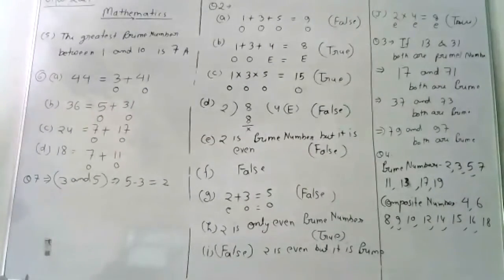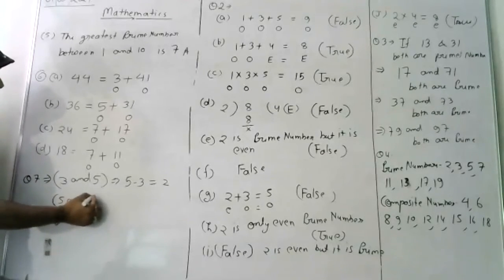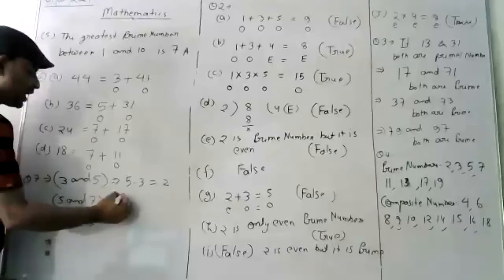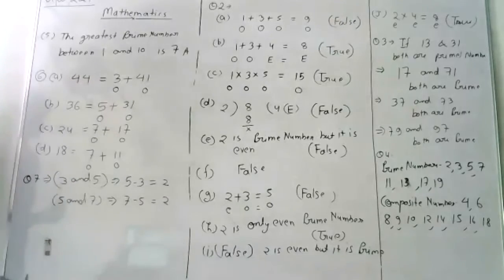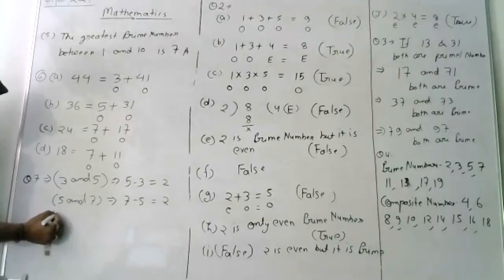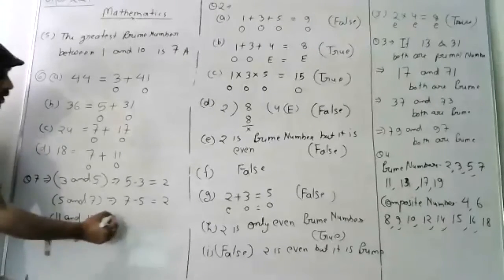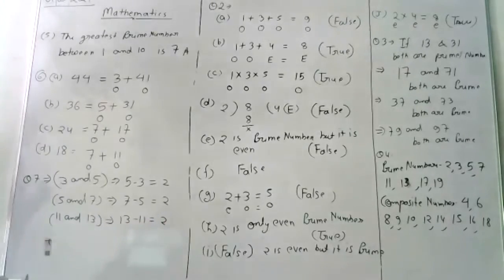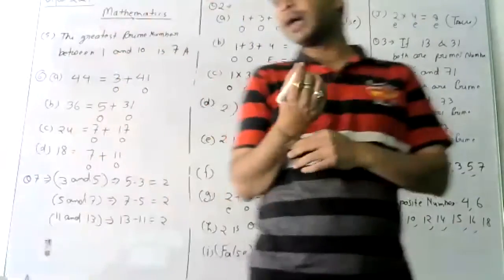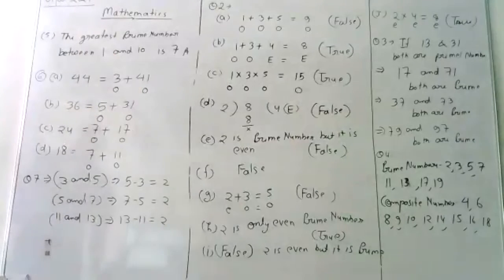The next pair is 5 and 7: 7 minus 5 is also equal to 2. And the next is 11 and 13: 13 minus 11 is equal to 2. So this is an example of three pairs of prime numbers whose difference is 2.